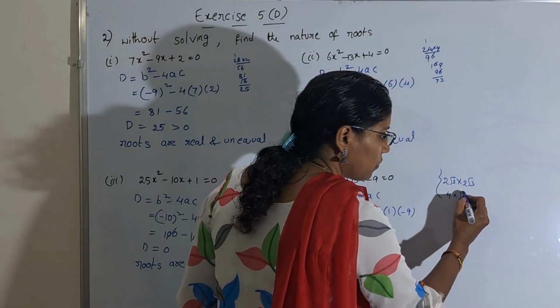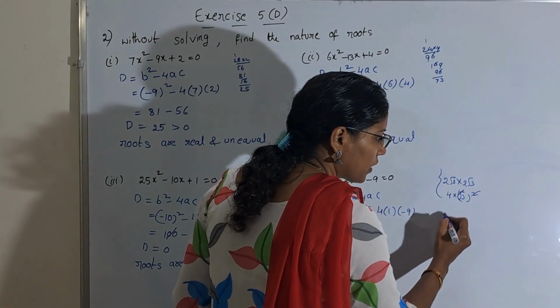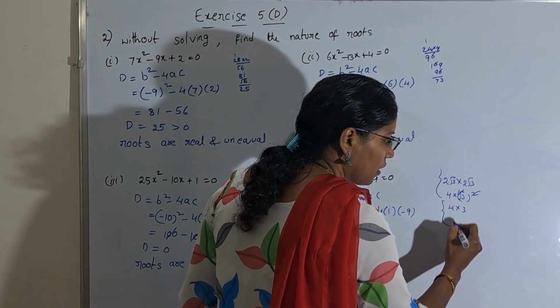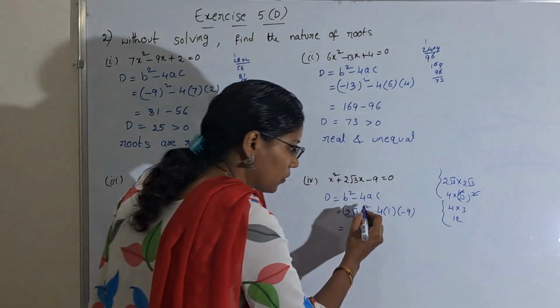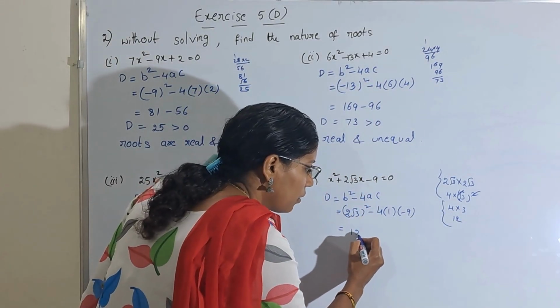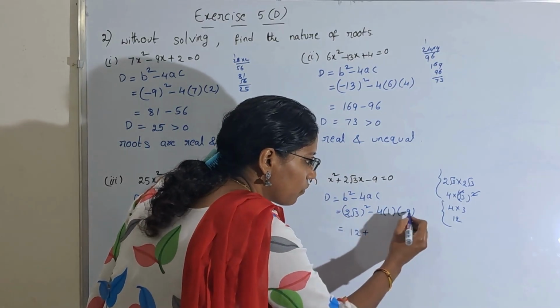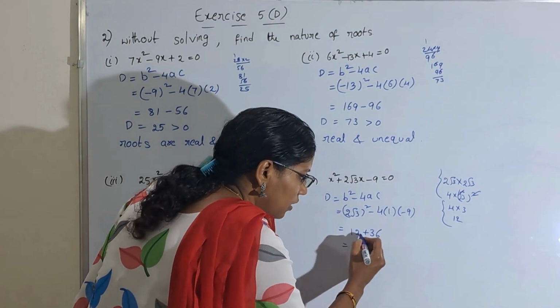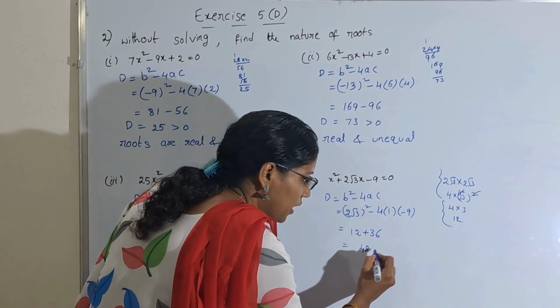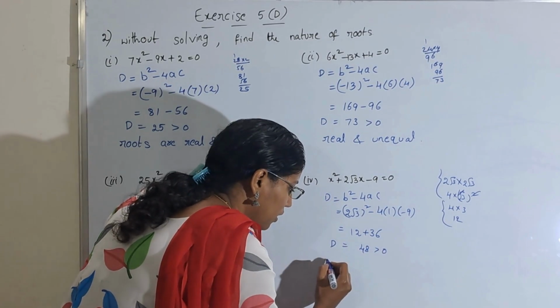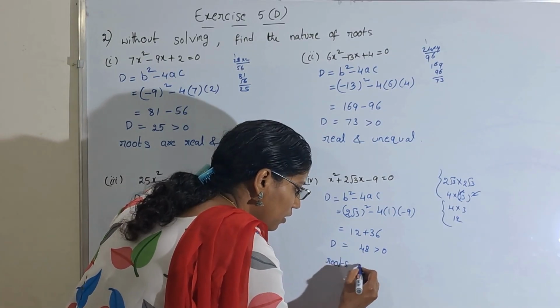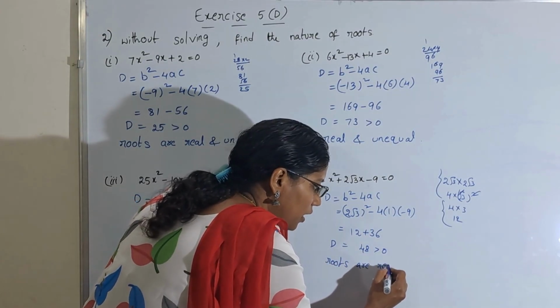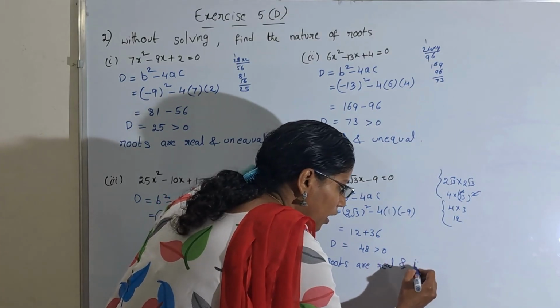Root 3 into root 3, square root cancel, 4 into 3. 4 3s are 12 it will come. So this full value is 12. Minus into minus plus, 4 9s are 36. Here 48 greater than 0. Roots are real and unequal roots.